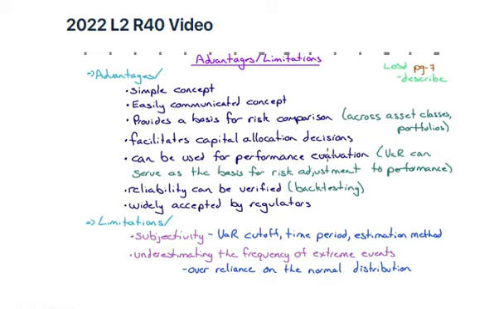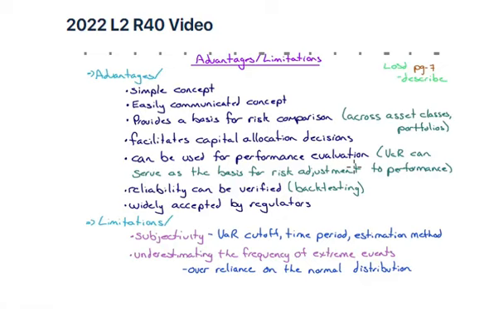Can be used for performance evaluation. VaR can serve as the basis for risk adjustments to performance. So when we talk about risk-adjusted performance, you can adjust it based on the VaR that the portfolio manager assumed on a daily basis. Reliability can be verified. You can backtest.